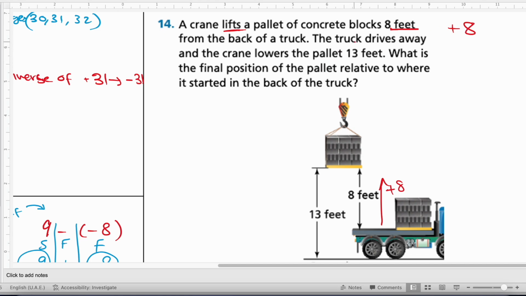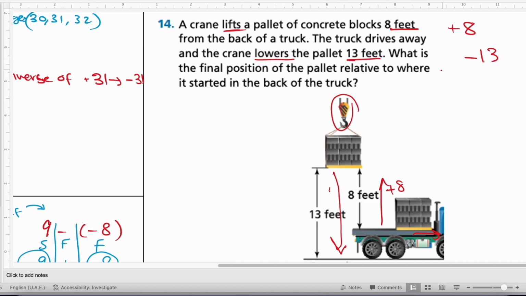The truck drives away and the crane lowers the pallet 13 feet. So after the truck goes away, the crane will drop the concrete down toward the floor. Since it's gonna lower, the concrete will go down 13, negative 13.